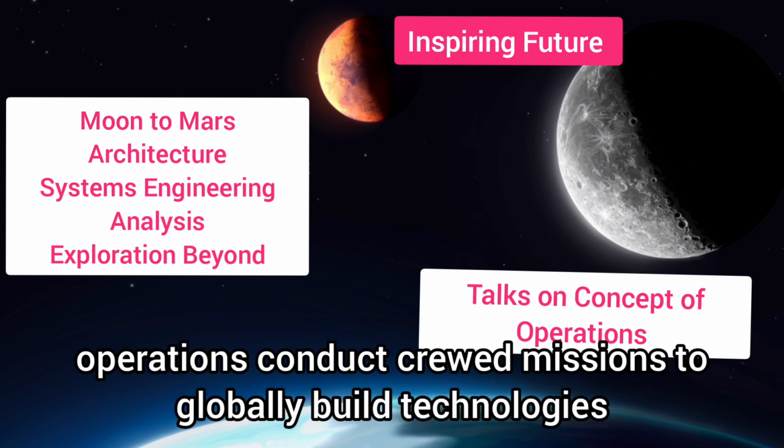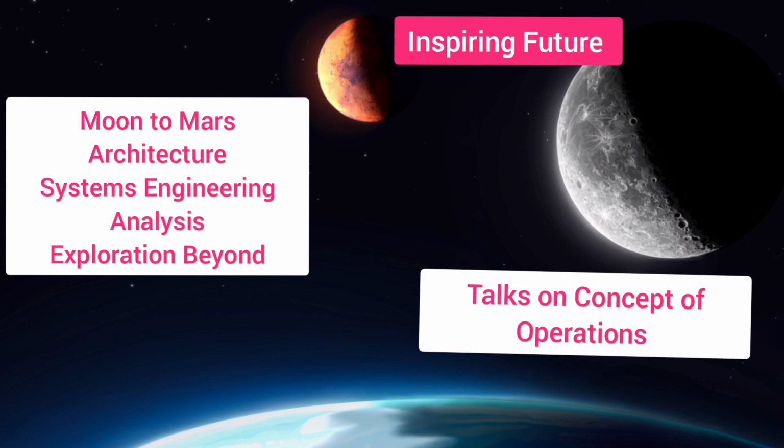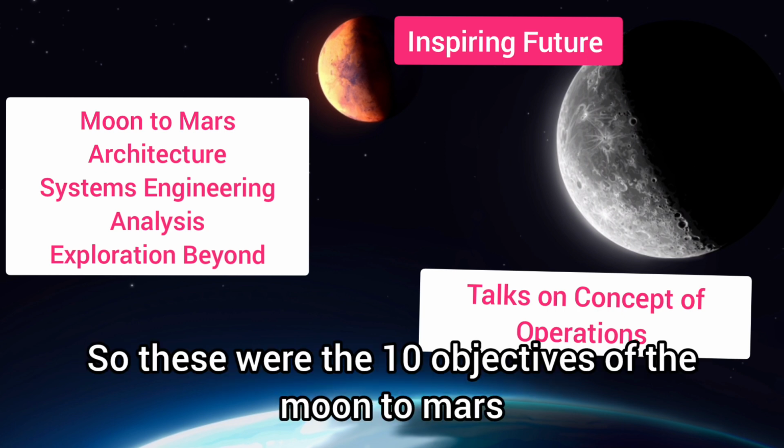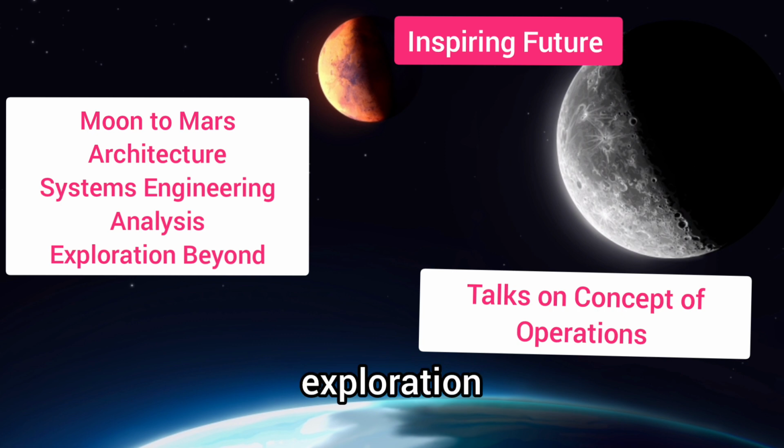Operations. Conduct crewed missions to build technologies and capabilities to live and work on a planetary surface other than Earth. So these were the 10 objectives of the moon to Mars exploration.